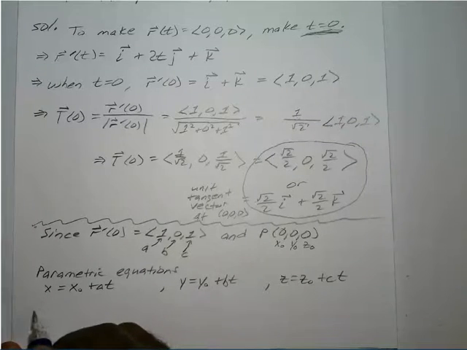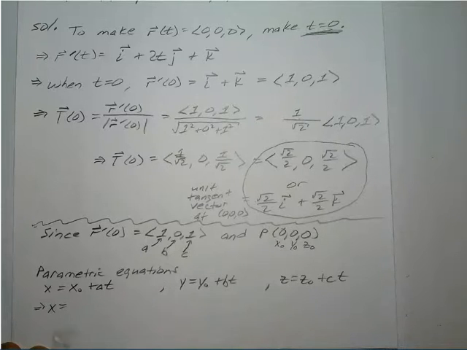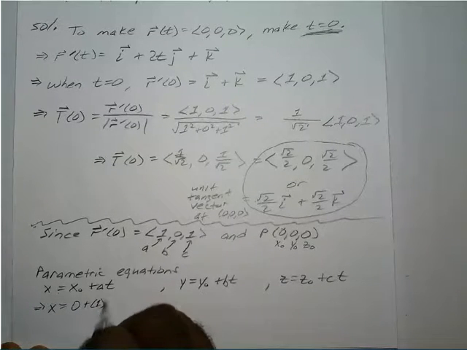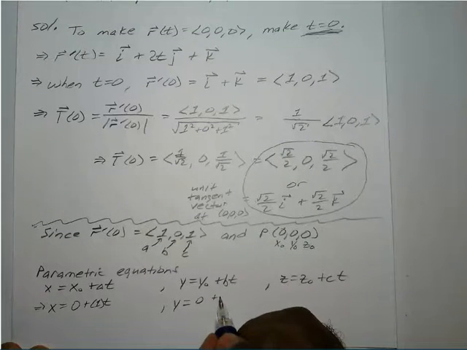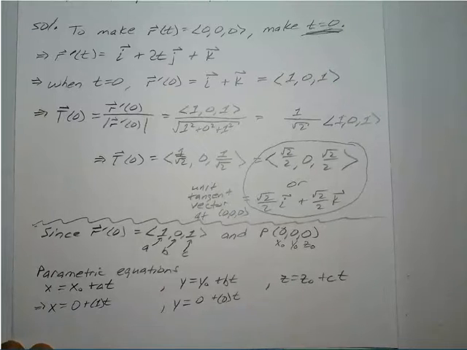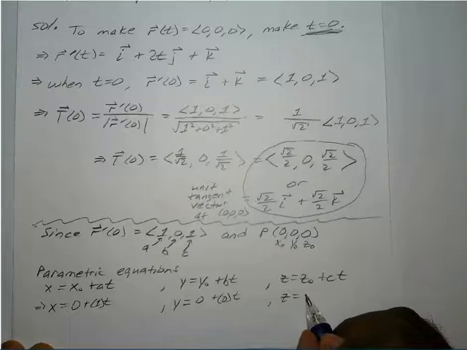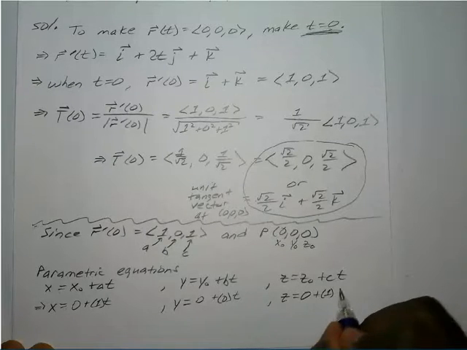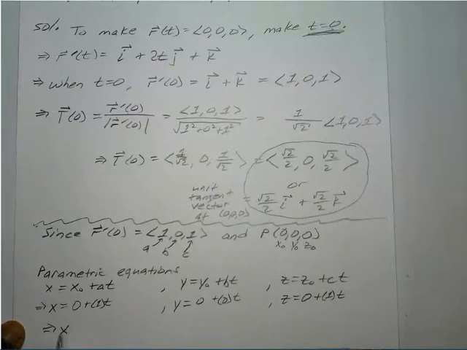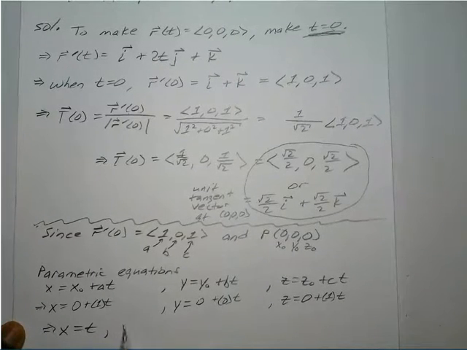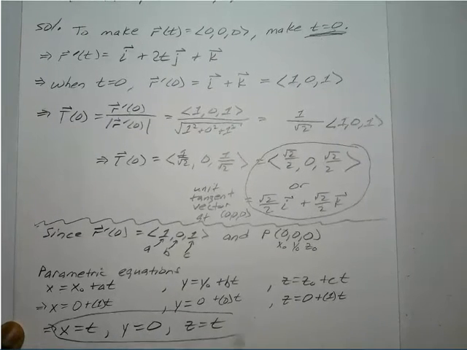Okay, so if you plug all those in, that means x equals 0 plus 1t, y equals 0 plus 0t, and z is equal to 0 plus 1t. All right, so in other words, you have x equals t, y equals 0, and z equals t as your parametric equations.